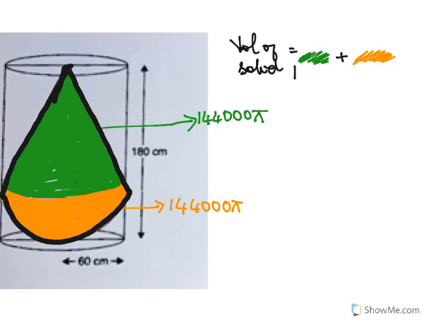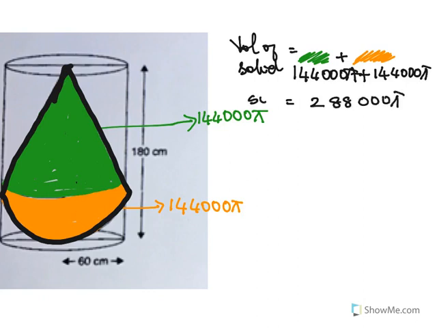So that is 144,000 pi plus 144,000 pi, which is 288,000 pi. This is of the solid.